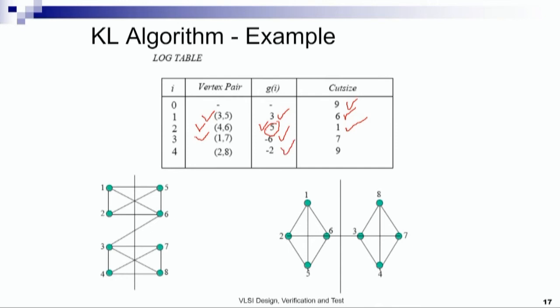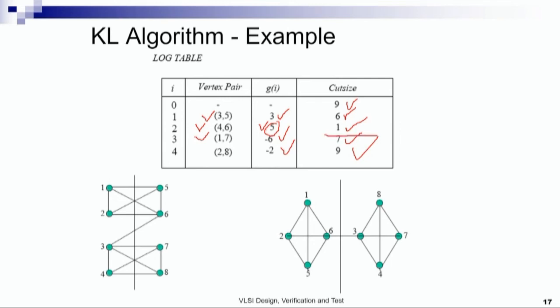However, we have to continue doing this until all vertex pairs are exchanged in the inner loop. And then we said we only take up to that value of k which provides me the highest gain. Here we see that the value of k is 2. So the highest gain is provided only after these two steps.